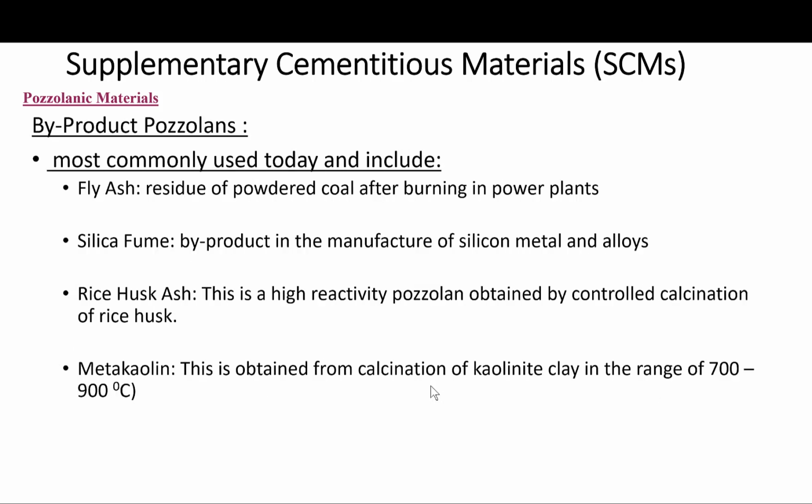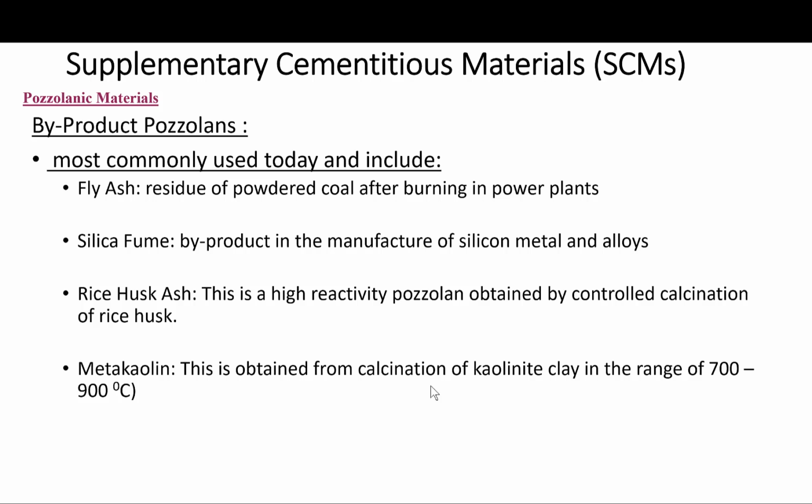Okay, as for the byproduct pozzolans, the most commonly used today include the fly ash, which is basically the residue of powdered coal after burning in power plants. Silica fume, which is a byproduct in the manufacture of silicon metal and alloys.